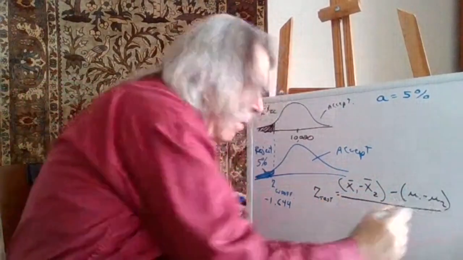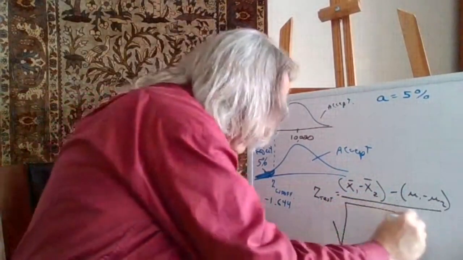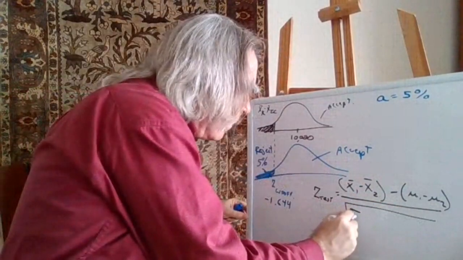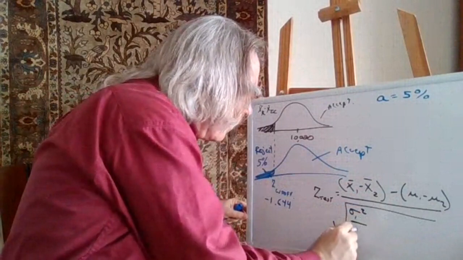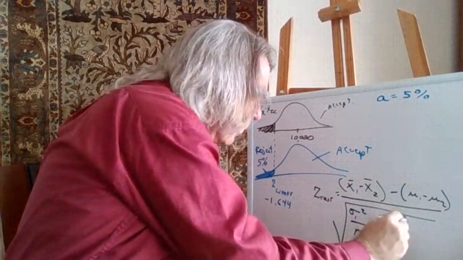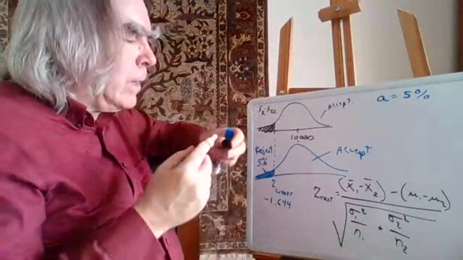Right? All over the square root of sigma 1 squared over n1 plus sigma 2 squared over n2.